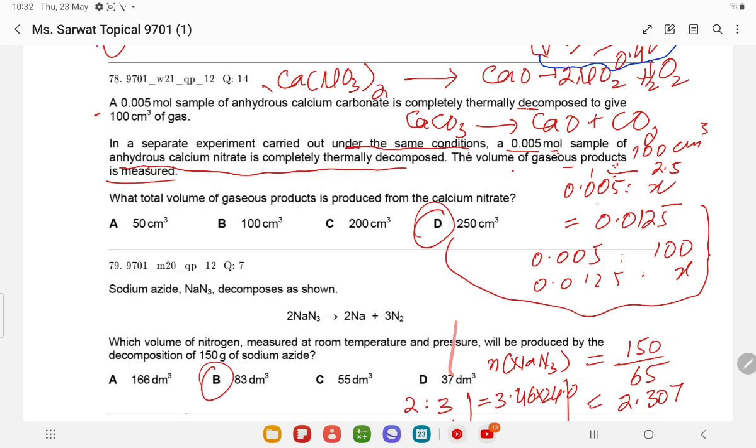So this is 0.005 mole of sample of anhydrous calcium nitrate thermally decomposed. The volume of gaseous products is measured. We know that 1 mole, this is 100 centimeter cube.